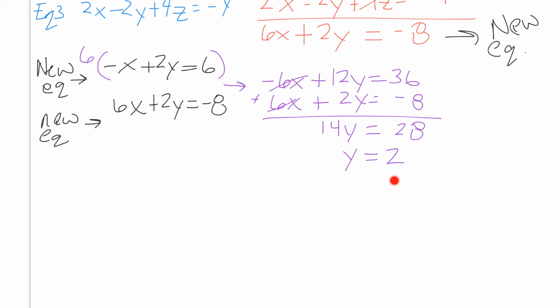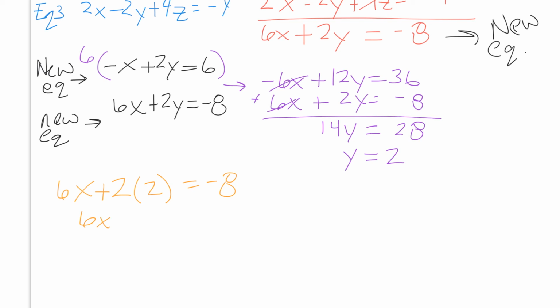Now, once I know y, then I can substitute back in to one of my new equations to find x. So I'm going to take this value here, and I'm going to substitute it back in to find x in either of my new equations. So I'm going to go ahead and just substitute it into this bottom one. So let's see, we would get 6 times x plus 2, and then remember I am substituting 2 for my y right here, equal to negative 8.